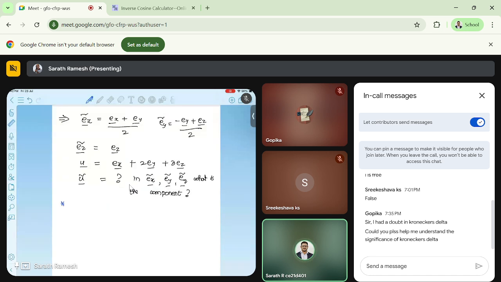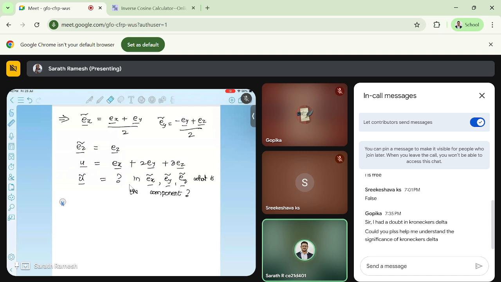Now, finding the transformation matrix. Let's do it step by step. First is the Q matrix.